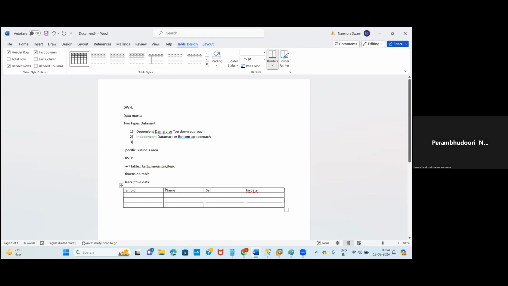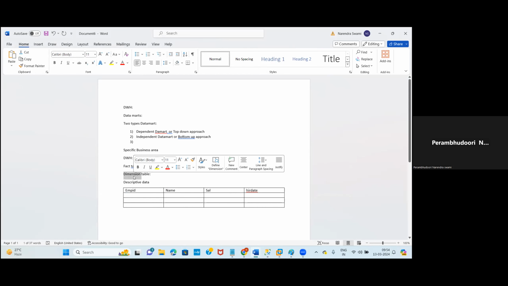By using the employee ID, if you go with employee ID 101, it tells about his name, his salary, his hire date, his address, his phone number. All the descriptive data of this employee will be produced. This type of descriptive data will be available in the dimension tables.